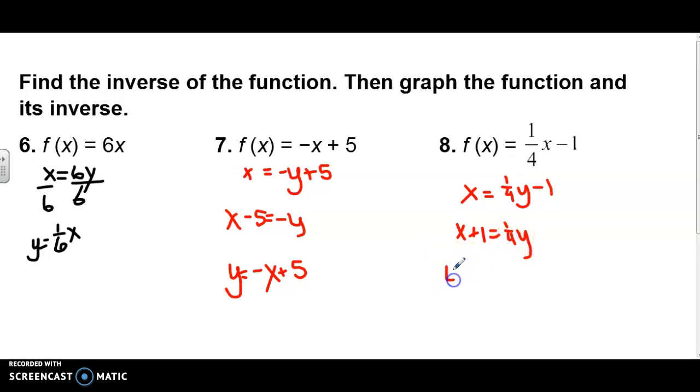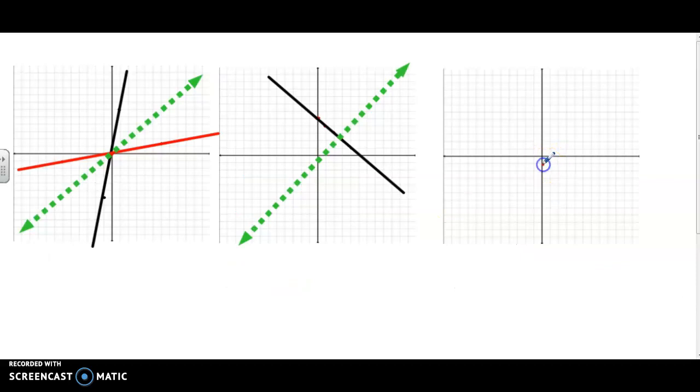Multiply both sides by 4. And then we'll go ahead and graph. So we got 1/4 x minus 1. Draw my line through that.